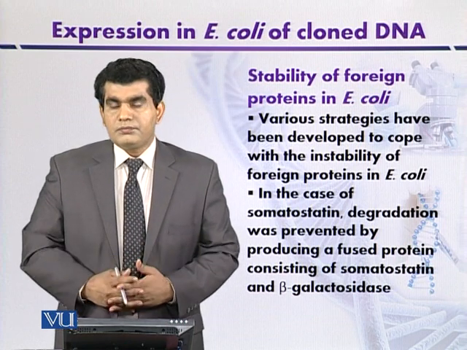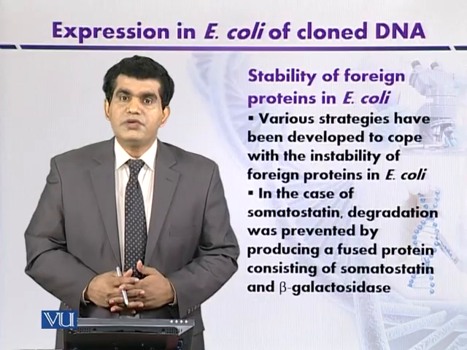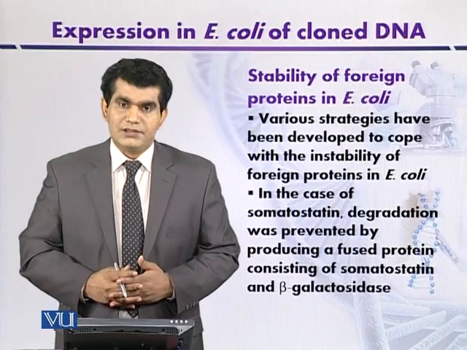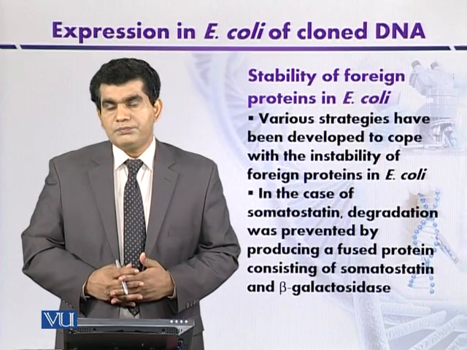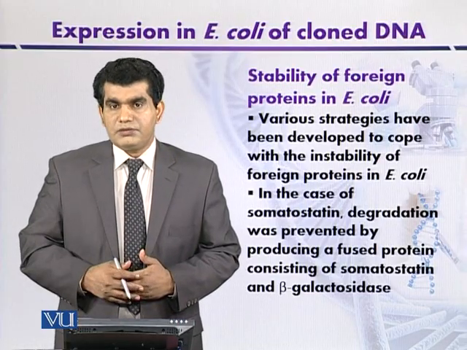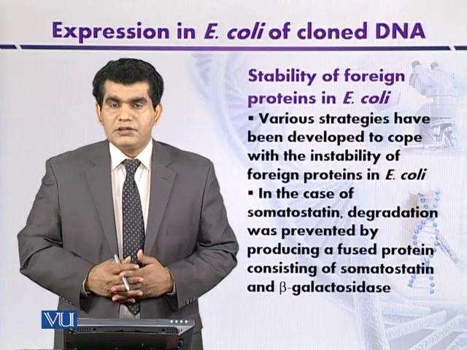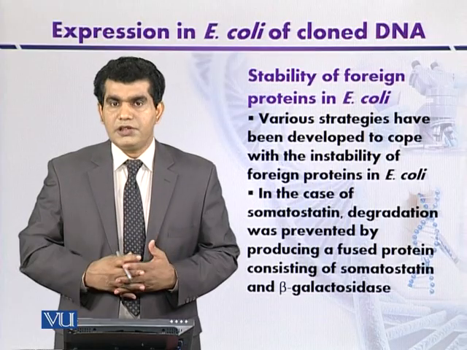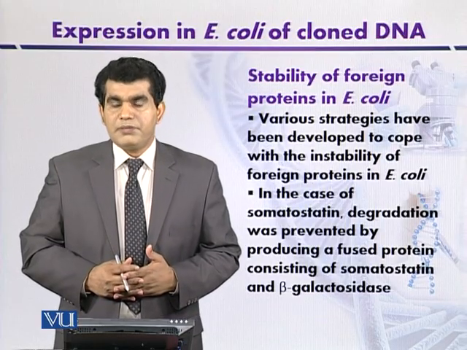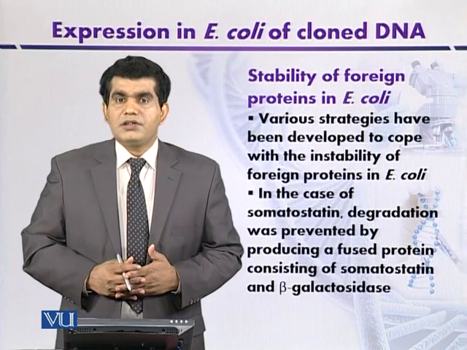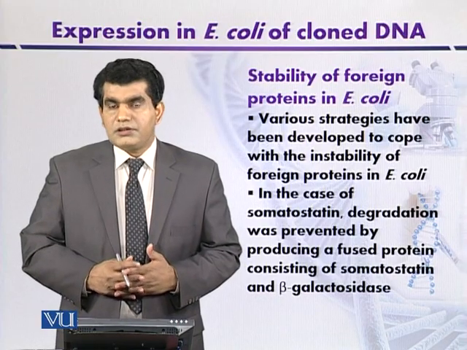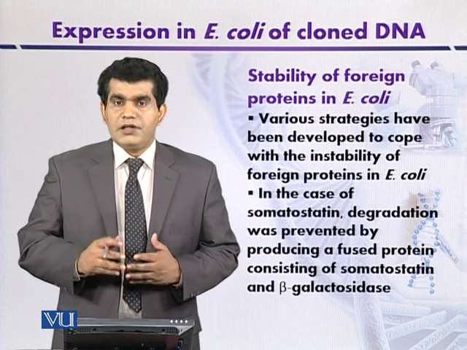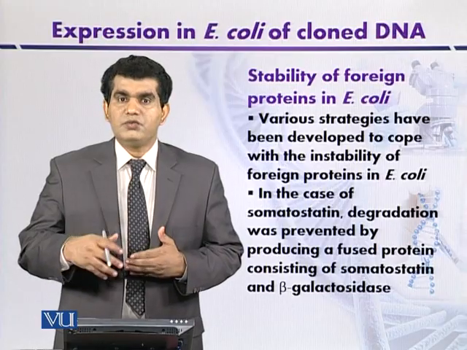Now this problem can be solved if we use host organisms that are deficient in proteases. For example, in the case of Lon protease, that is a very famous class of proteases, LON, or Lon protease. They are ATP dependent proteases, and they can target the unfolded proteins within the cytoplasm, and they can degrade them into individual amino acids.